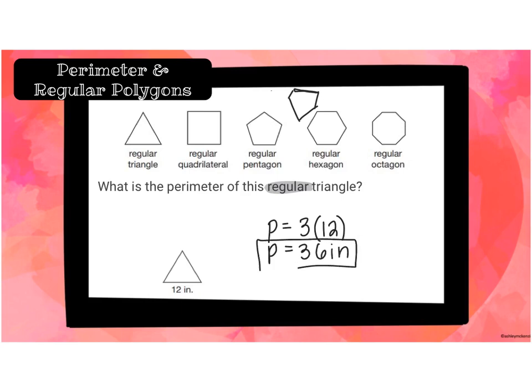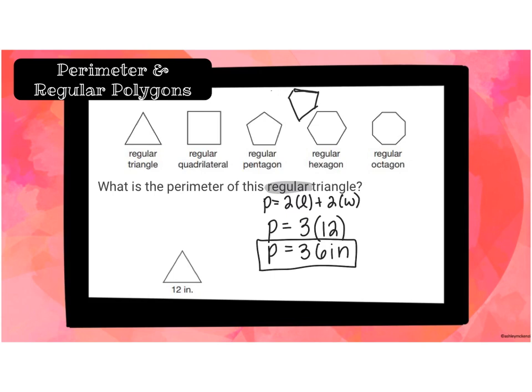And that's my answer. Why did I not use the formula P equals 2L plus 2W? Why did I not use that formula? Because all the sides are the same, and what else? How come I'm not doing 2 times the length plus 2 times the width?